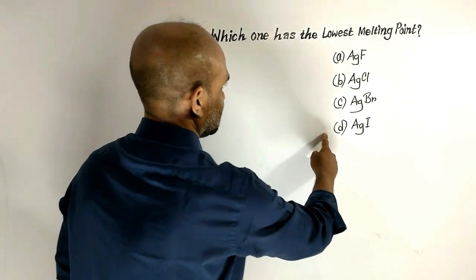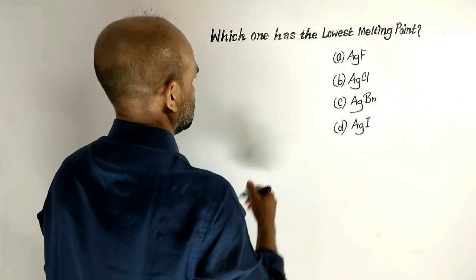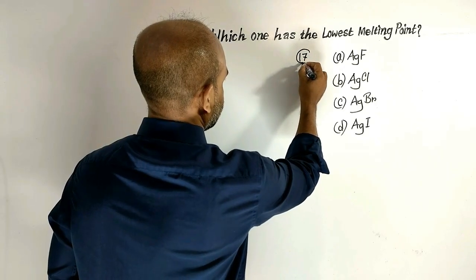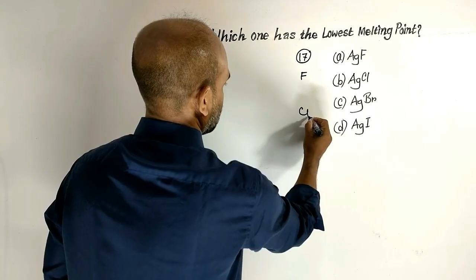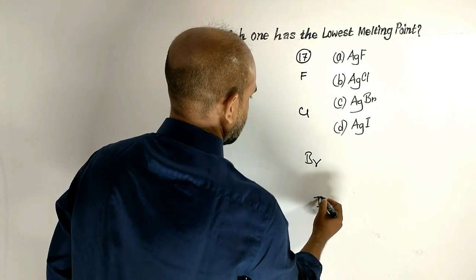First of all, let us see the positions of halogens on the periodic table. Halogens belong to column 17 on the periodic table: fluorine, chlorine, bromine, and iodine.